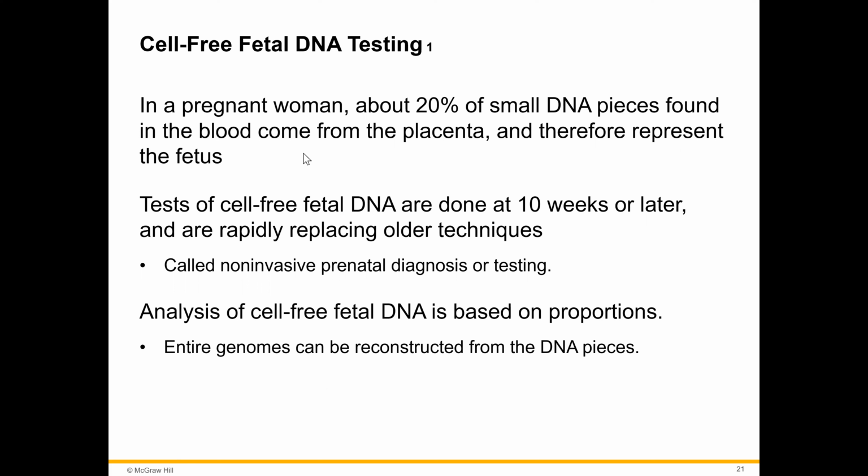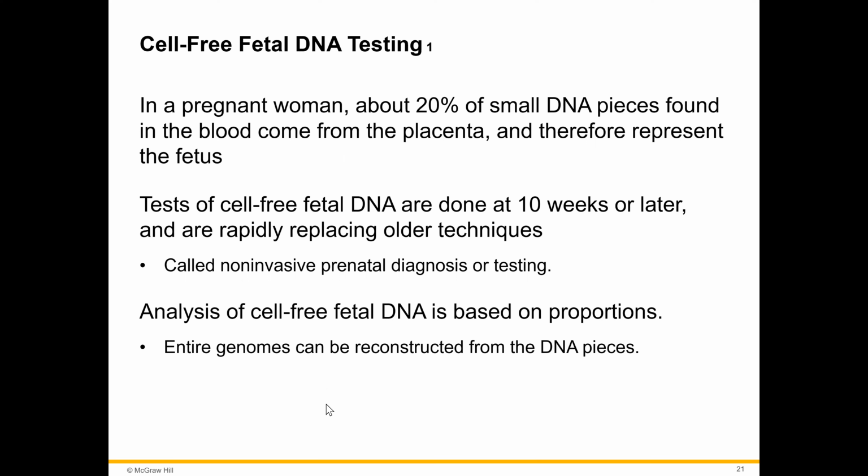So in a pregnant woman, about 20% of small DNA pieces found in the blood come from the placenta, and therefore represent the fetus. So if we have a pregnant female, in her blood we will find DNA that comes from the placenta, and that DNA represents the fetus.